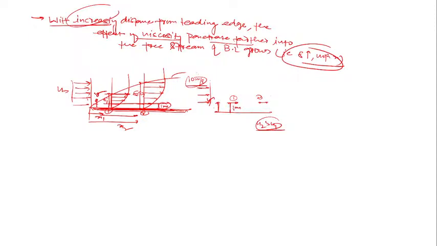And that's why the thickness grows, because with increasing distance from the leading edge, the effect of viscosity penetrates further into the free stream. Why am I saying viscosity effect? Because due to viscosity only the velocity of the fluid changes. Is this clear?